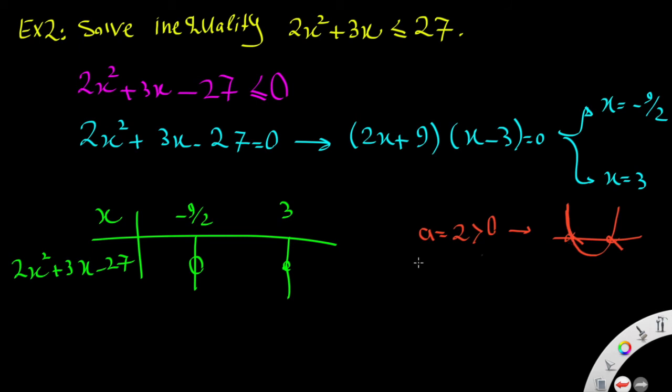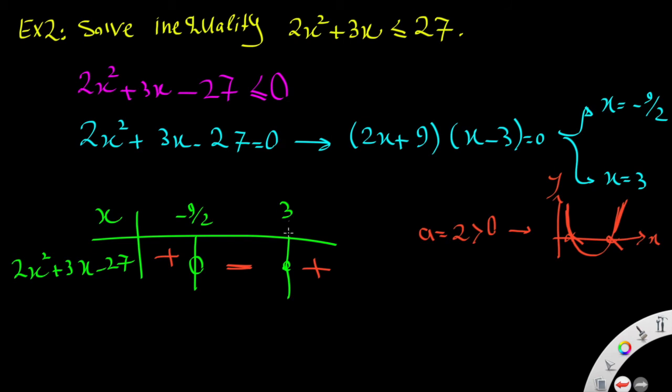Before the first root, it takes positive values. Between the roots, it takes negative values. And after the second root, it takes again positive values. Do you see, it's above the x-axis, for example, it is x and y, they are roots. It's positive. So it says, I want the interval in which this expression takes values less or equal to 0.